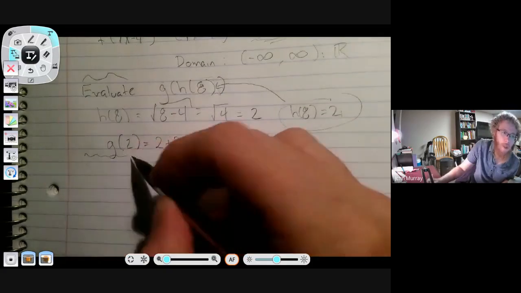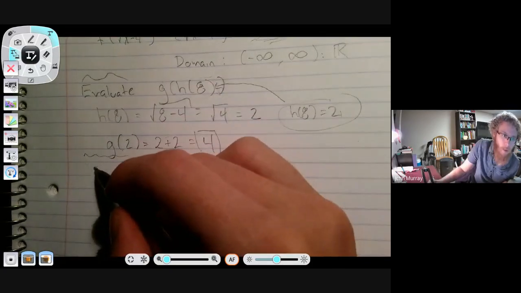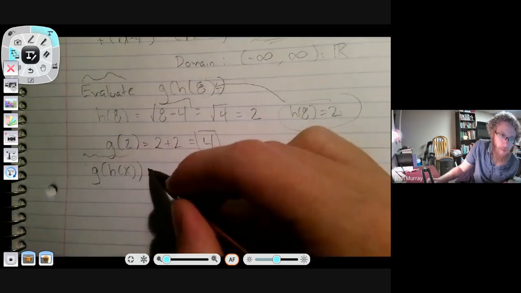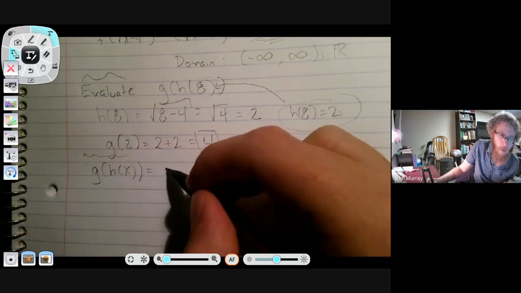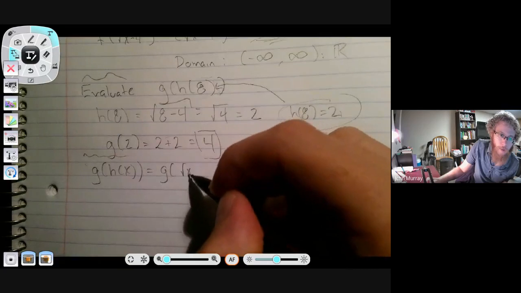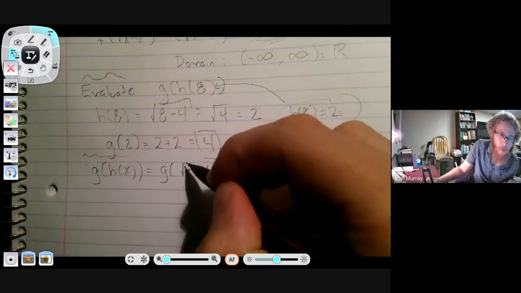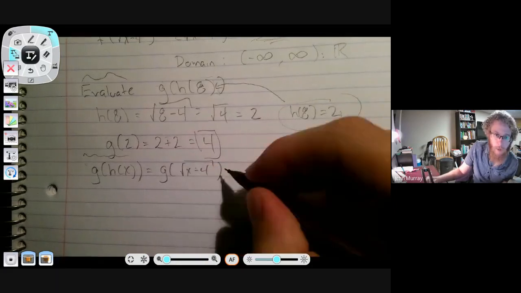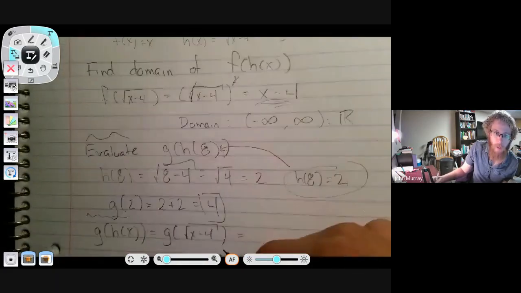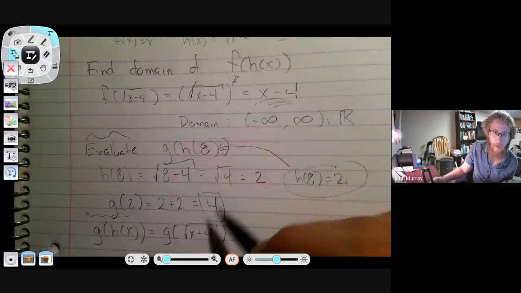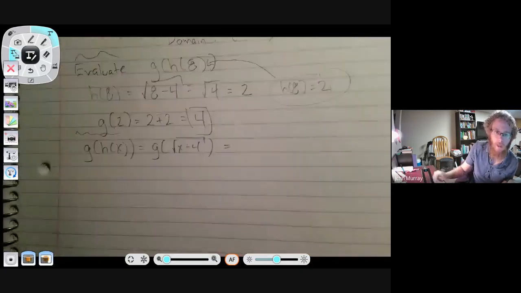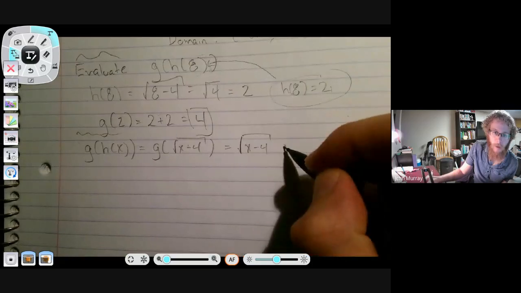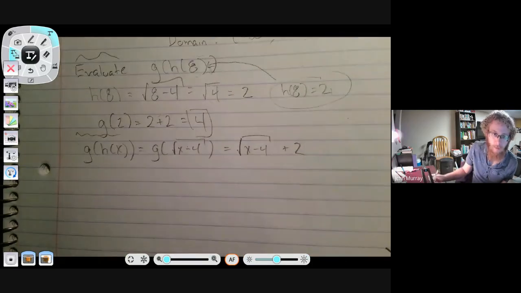Okay, so another way I guess you could do it is you could calculate, or you can simplify g of h of x. So that would be g of the square root of x minus 4. So you would just be plugging in the square root of x minus 4 into g. So that would get you the square root of x minus 4 plus 2.